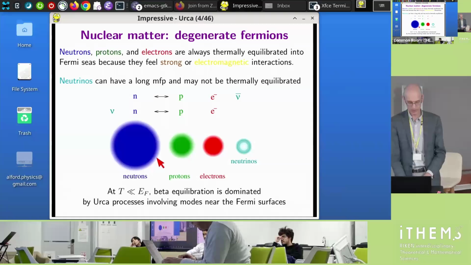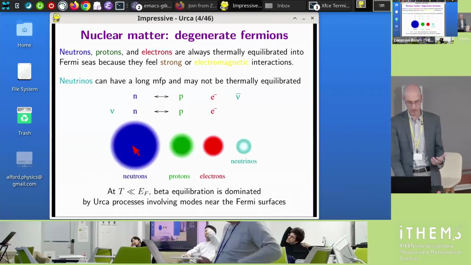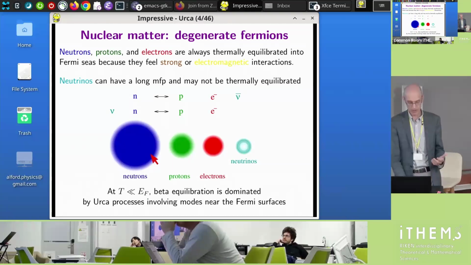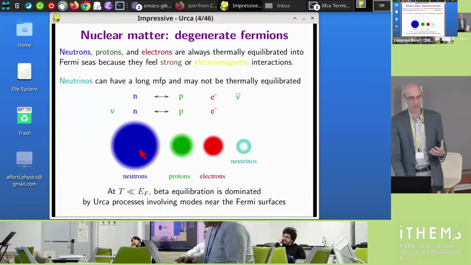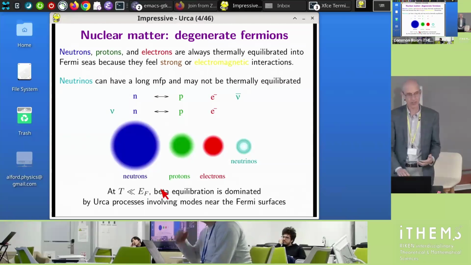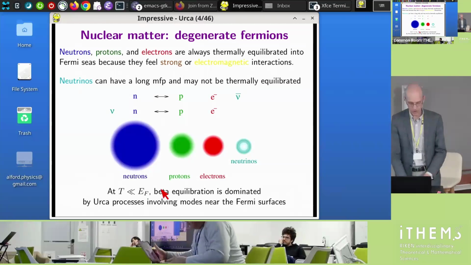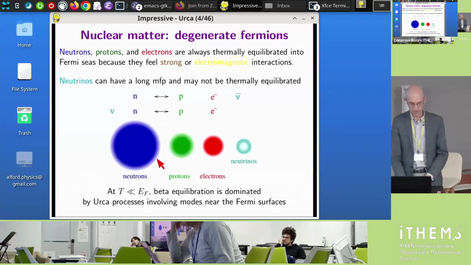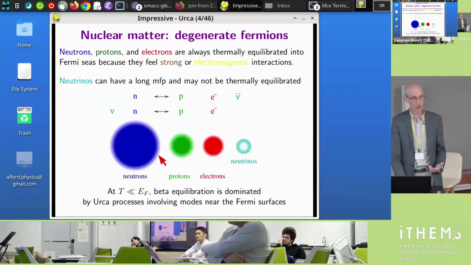And the amount of blurring just depends on the temperature. And if the temperature is much less than the Fermi energy, then the blurring is a small fraction of the whole Fermi momentum. And so you can visualize it as this sort of filled ball of states. And the processes that we're talking about, these Urca processes, are dominated by modes near the Fermi surface, and we'll talk about that more as we go along.